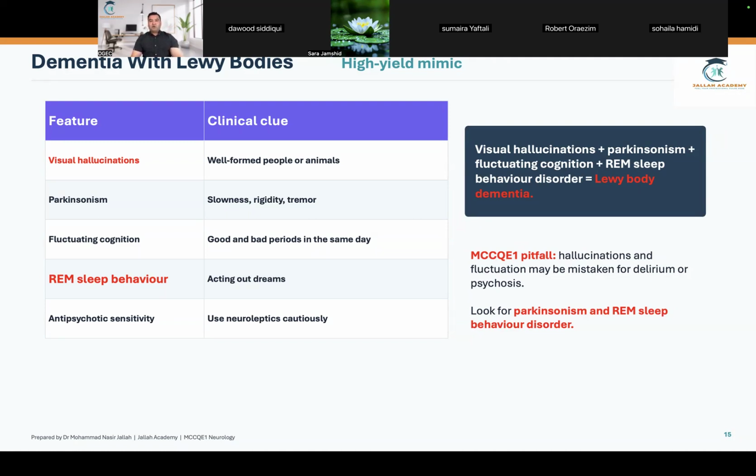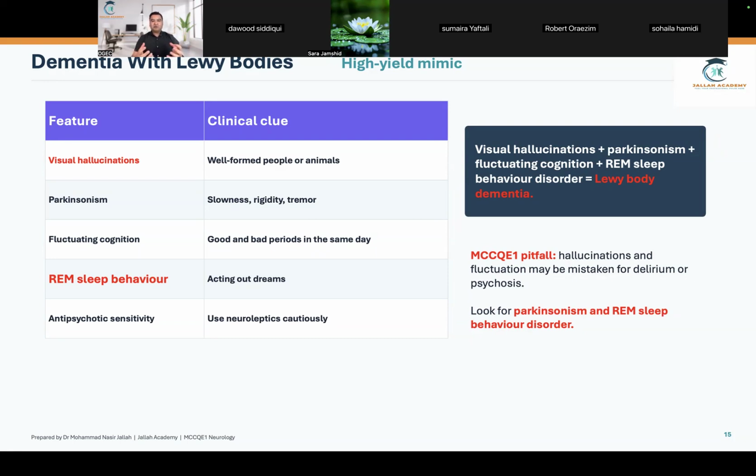So the patient has the characteristic picture of Parkinsonism, but the memory problem happens either 1 year before Parkinsonism or at the same time. Not only that, there is dementia, there's Parkinsonism, and on top of that, there's visual hallucination.